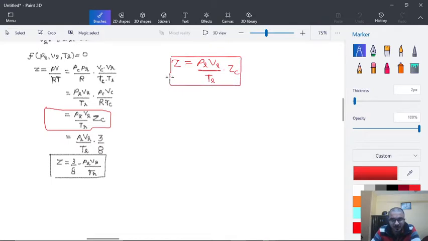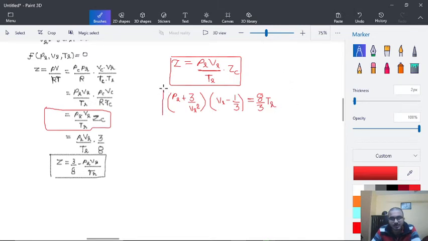And one previous equation that we have already discussed in our previous lecture, that is (PR + 3/VR²)(VR − 1/3) = 8/3 TR.